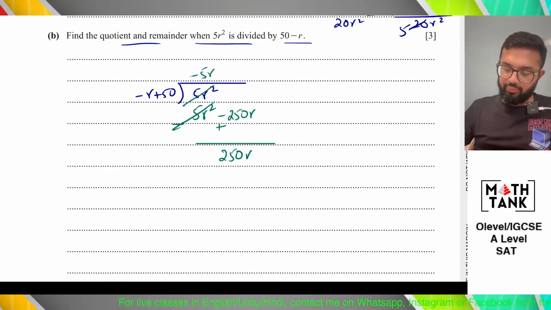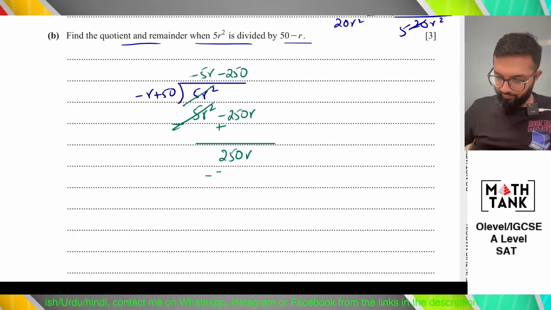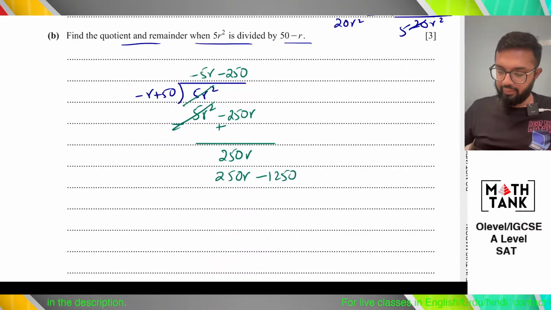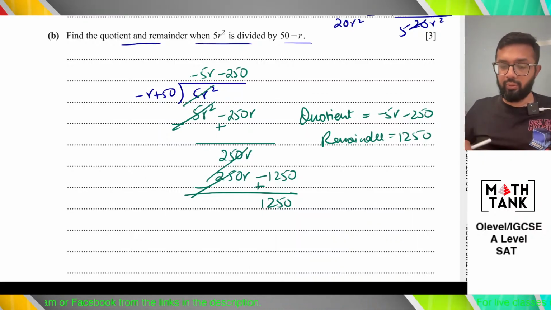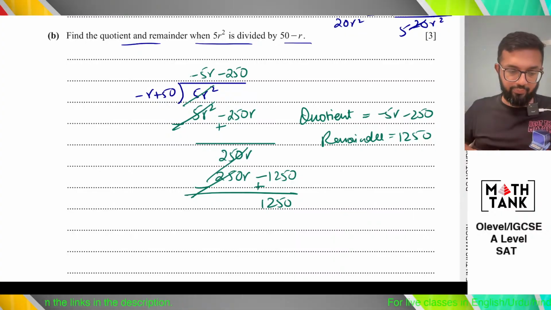Then I use minus r, again minus 250. So that gives me plus 250r and minus 1250. Change the signs again, 1250. So the quotient is minus 5r minus 250 and the remainder is 1250. You can't do this question without long division. Just be aware of that.